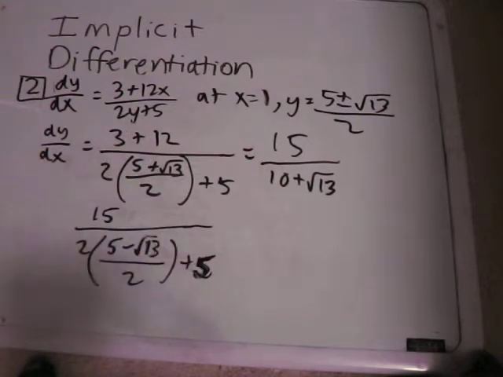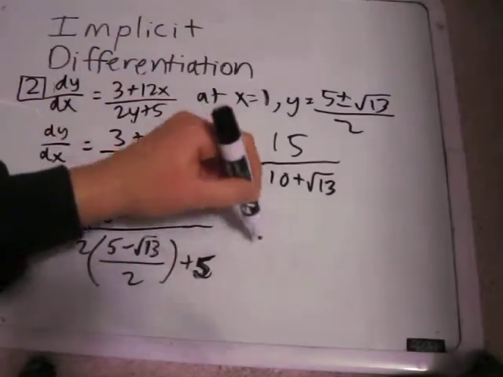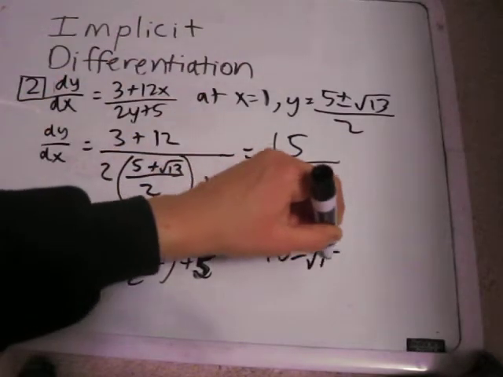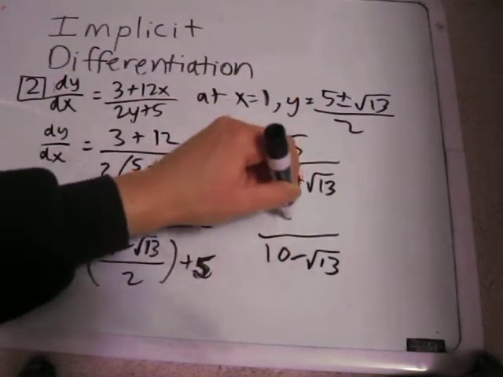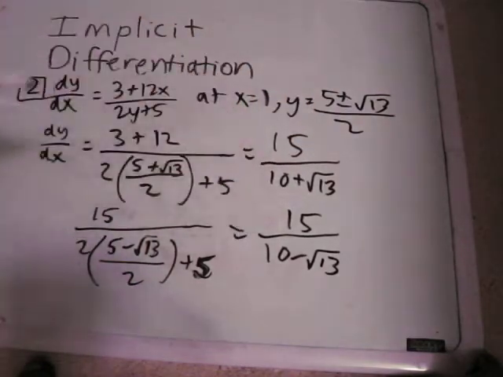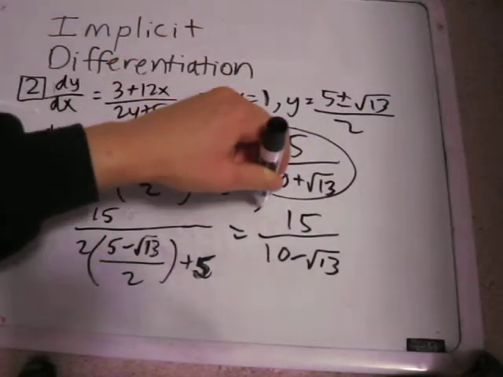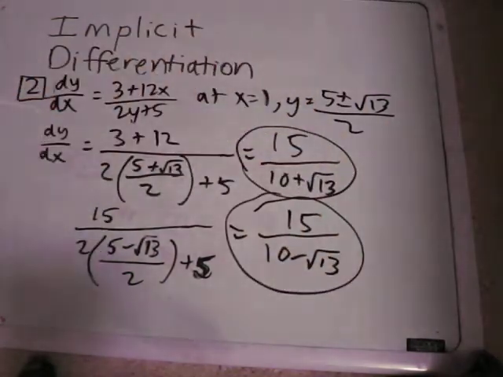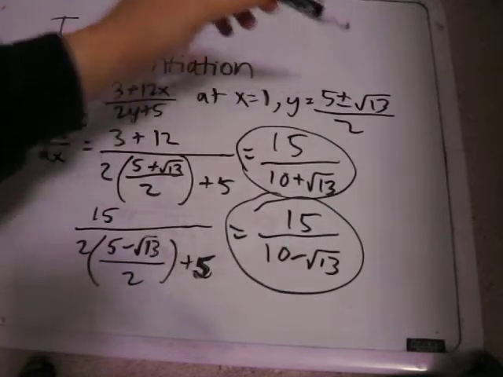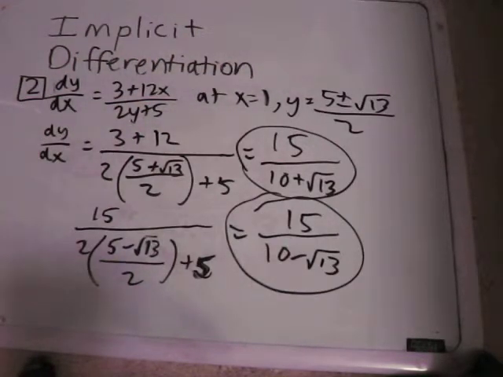So those cancel out, and we have 10 minus rad 13 on the bottom. So we have two answers for our dy/dx. It can be two different things depending on which y value we're at.